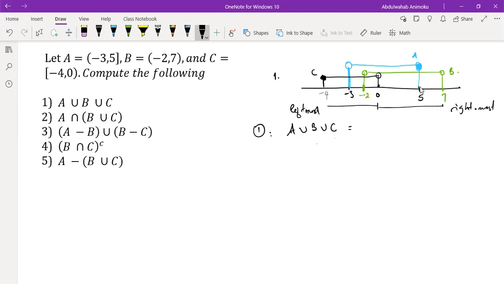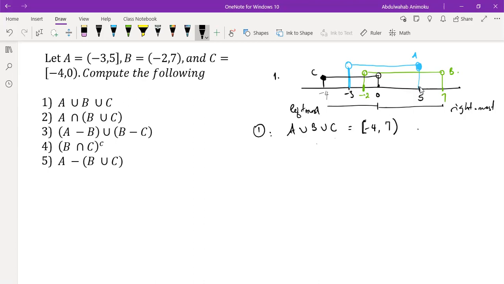So this set would contain all the elements from -4 up towards 7. And we have to represent it with the endpoints. -4 is part of one of these three sets. In fact, it is part of C, so it will be part of the union. But 7 is not part of this set because 7 is not part of B. So this is what we have.